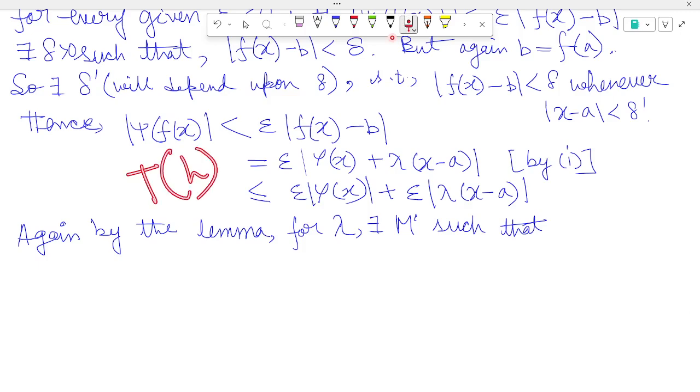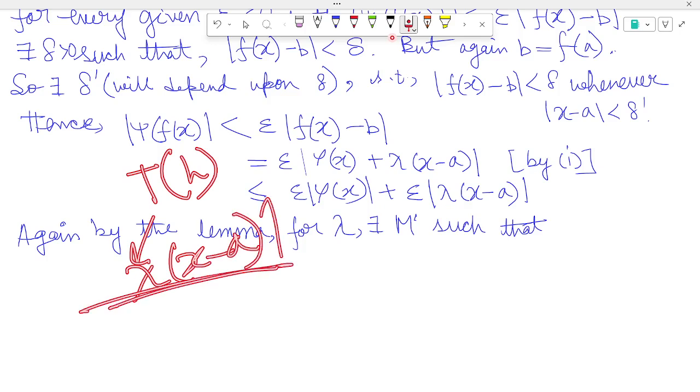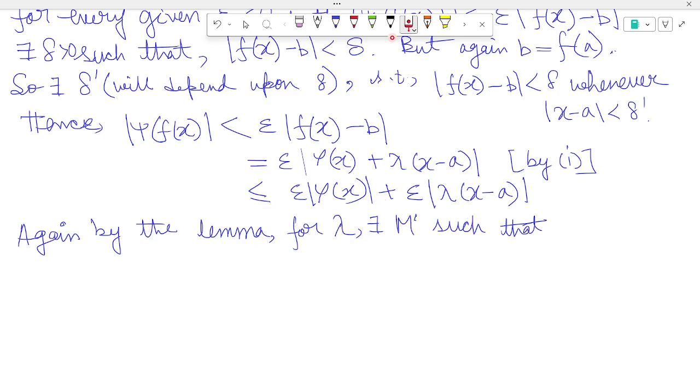So write lambda applied on x minus a. So I can also bound the modulus with some |x minus a| such that this modulus is less than this.